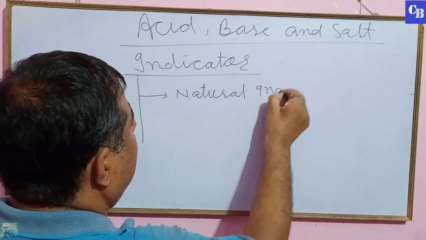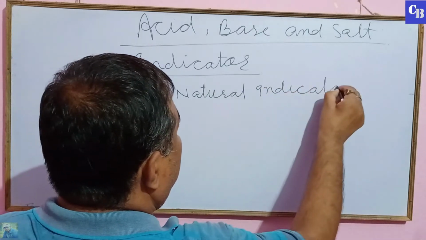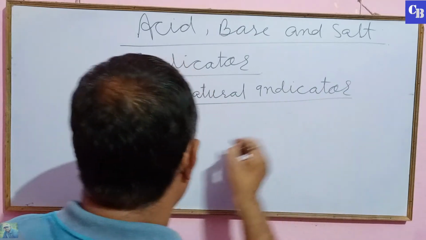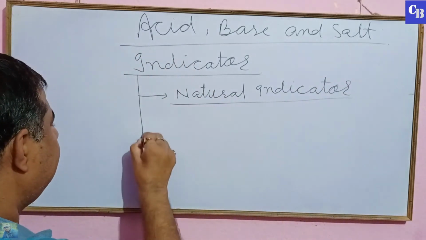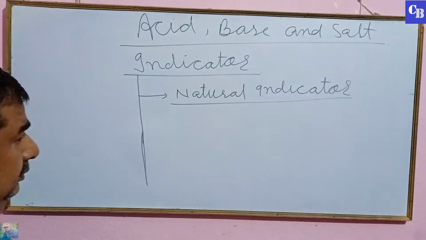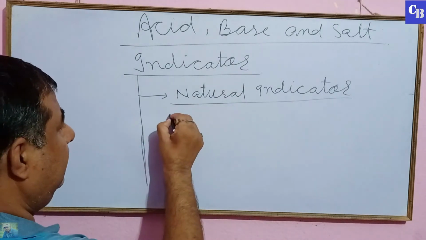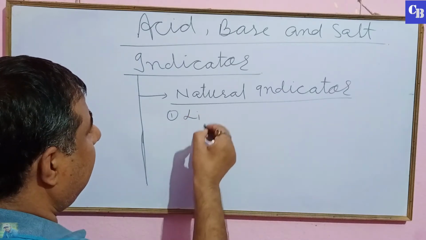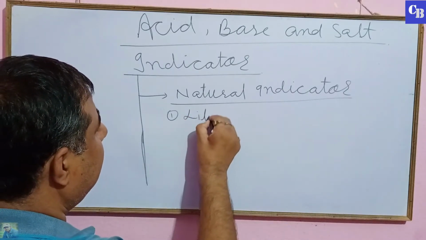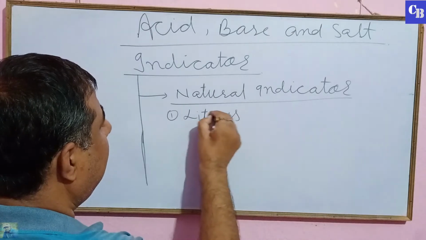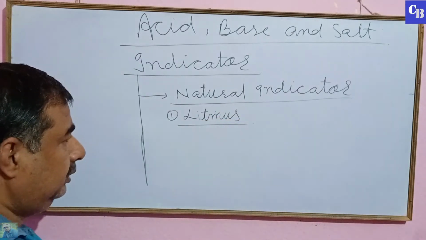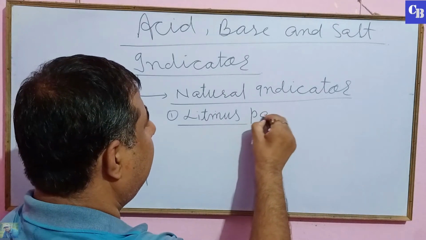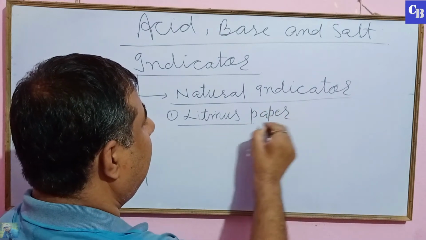Natural indicator. In natural indicators, first comes litmus, or litmus paper.